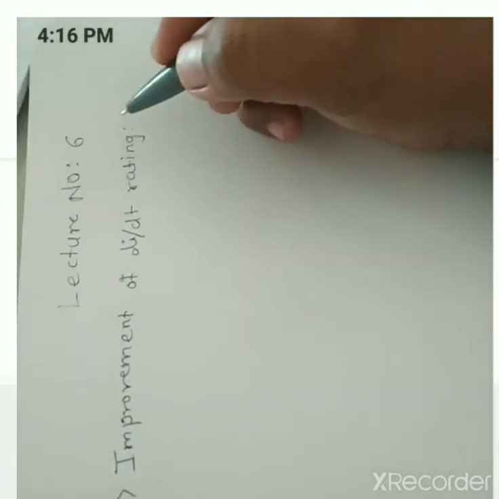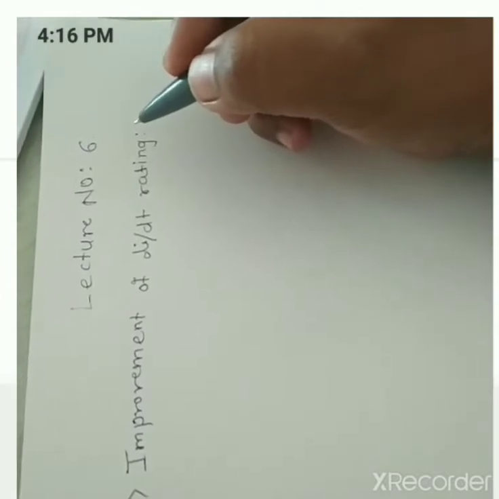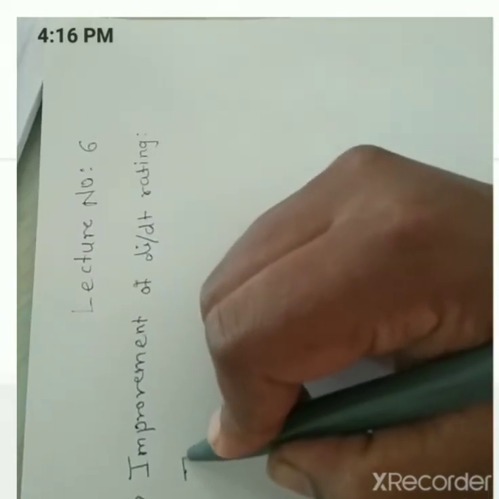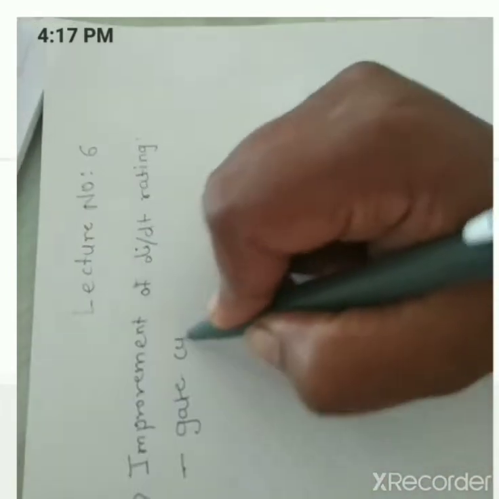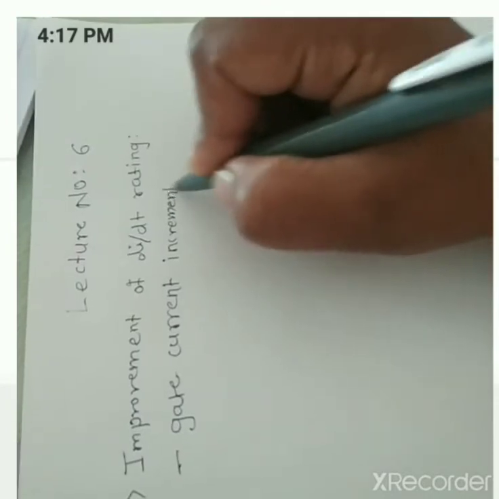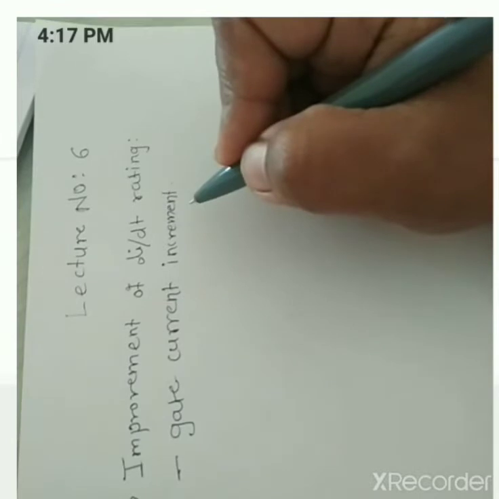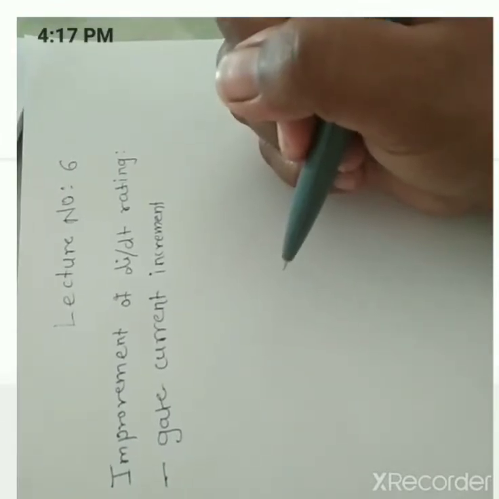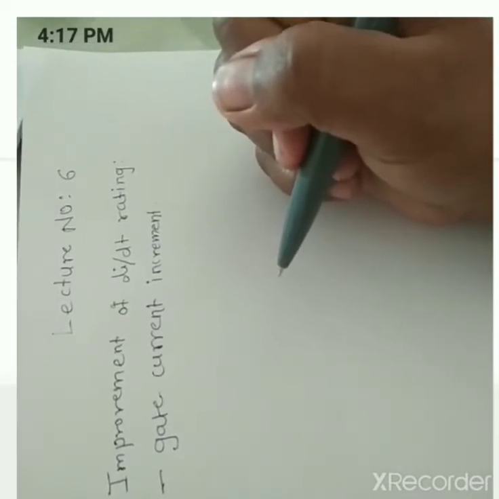The first method is increasing the gate current, but this may load the triggering circuit. The second method is modifying the gate cathode geometry so that many small cathode and gate regions are intermixed together, and this is known as interdigitation.